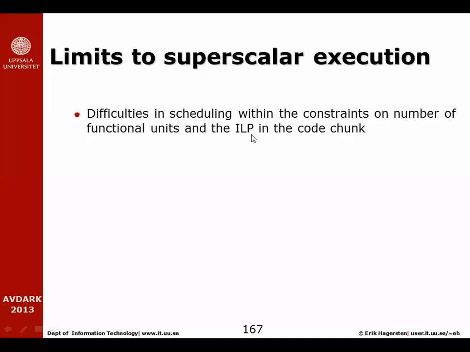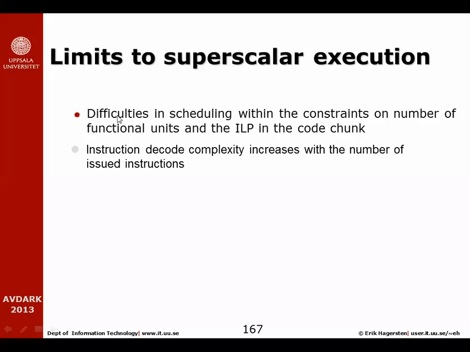So let's say we find a basic block and we can fire 8 instructions at the same time, while the limited amount of functional units or parallel pipelines we have in the design will still limit the throughput we can get from that execution.